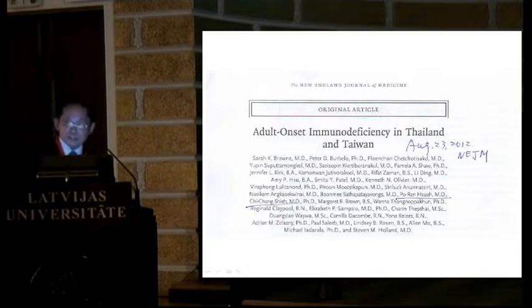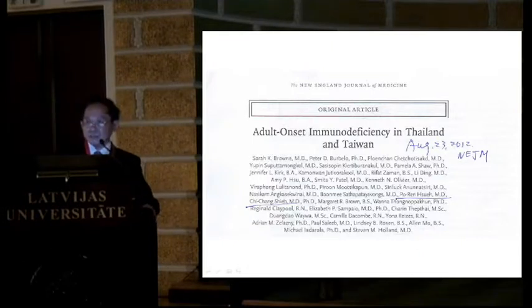Now, I'd like to share with you probably the most important paper until this point. It was 2 years ago in the New England Journal of Medicine, the leading article. They reported 200 patients, mainly from Thailand and some from Taiwan. By the way, these are two different countries, not the same country.